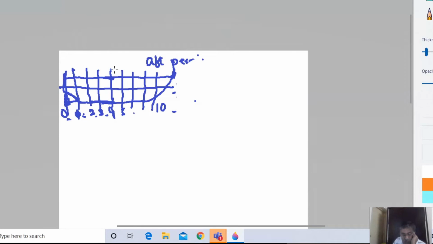Okay. Then we have the half perpendicular, forward perpendicular. Now we have to see how do we define.